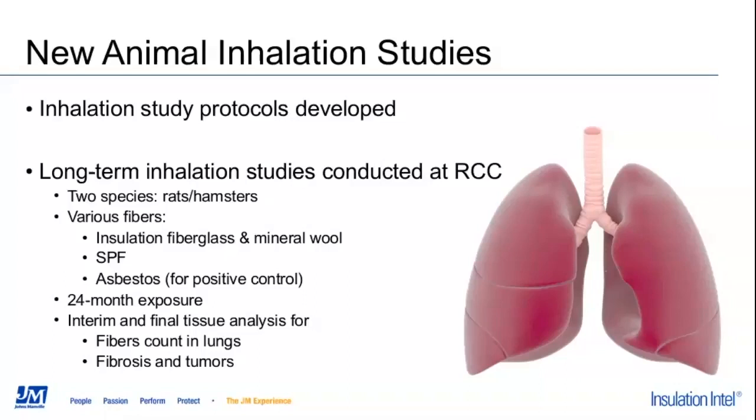This was a 24-month exposure, which is essentially the entire lifetime of these animals. And what we did was we had both several interim as well as final tissue analyses, where they would count the fibers in the lungs, and then, of course, they would have a very close microscopy and radiology effort to look at fibrosis and tumors in these exposed animals.